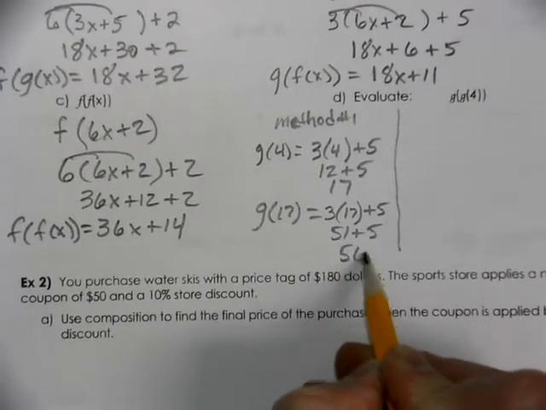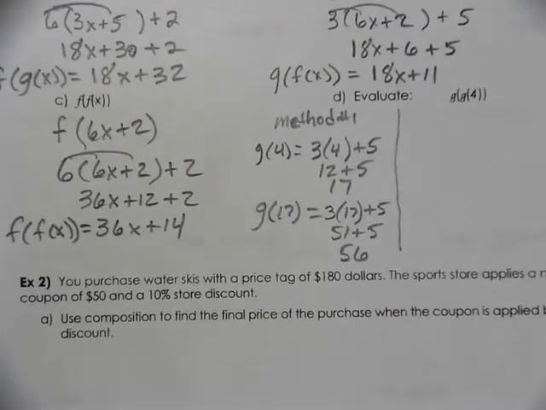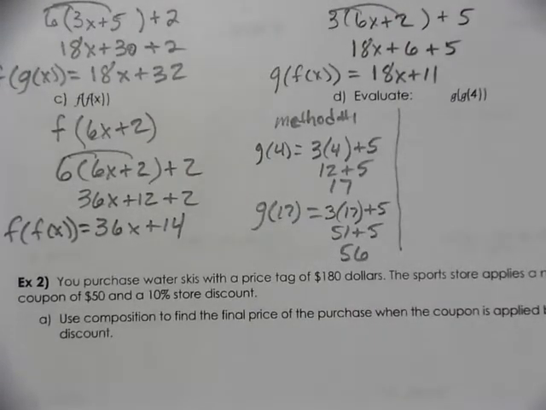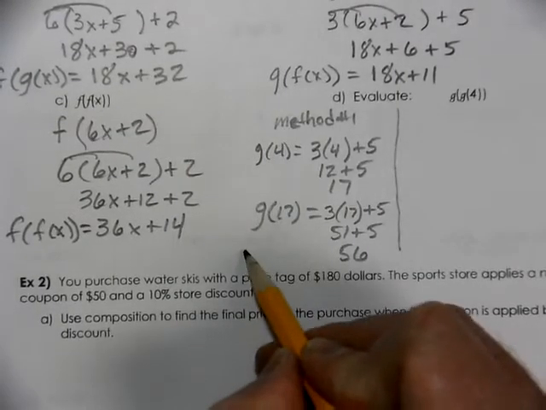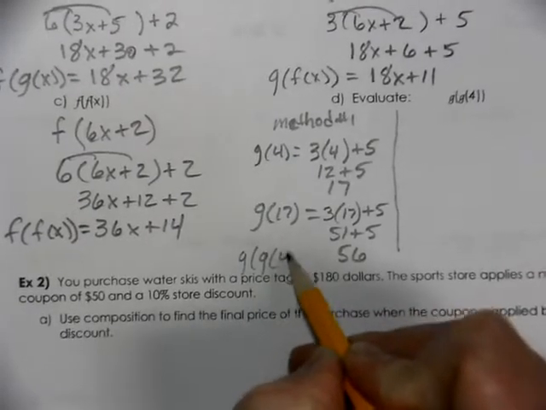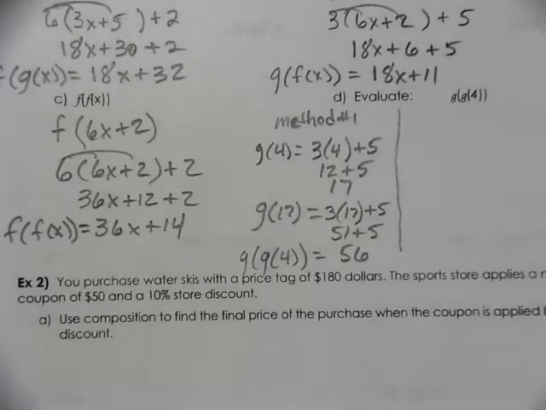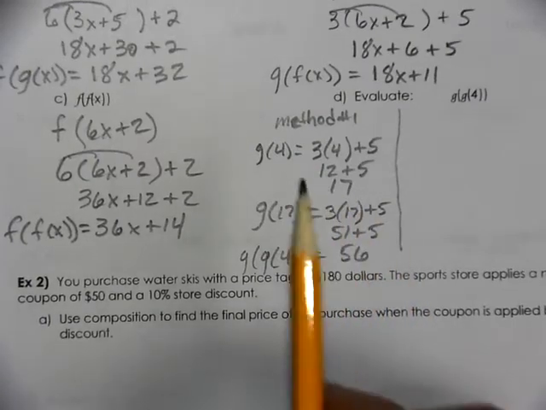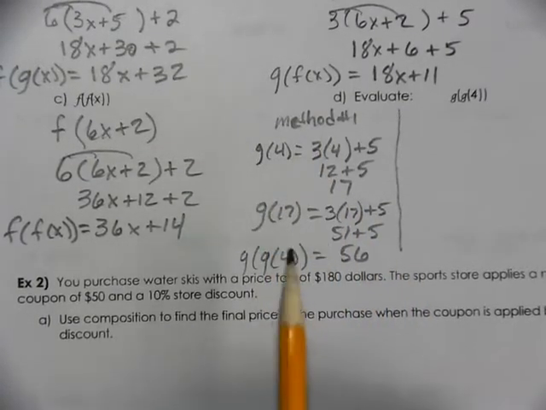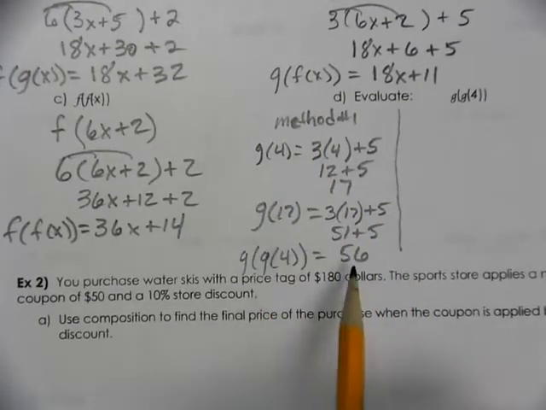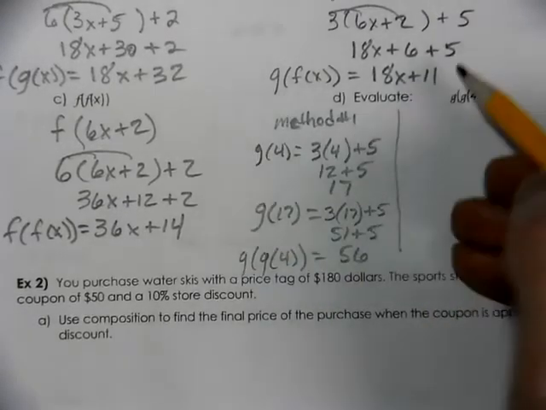That's 56. So g of g of 4 equals 56. We figured it out in that first method: figure out g of 4, then figure out g of 17. That gave us 56.